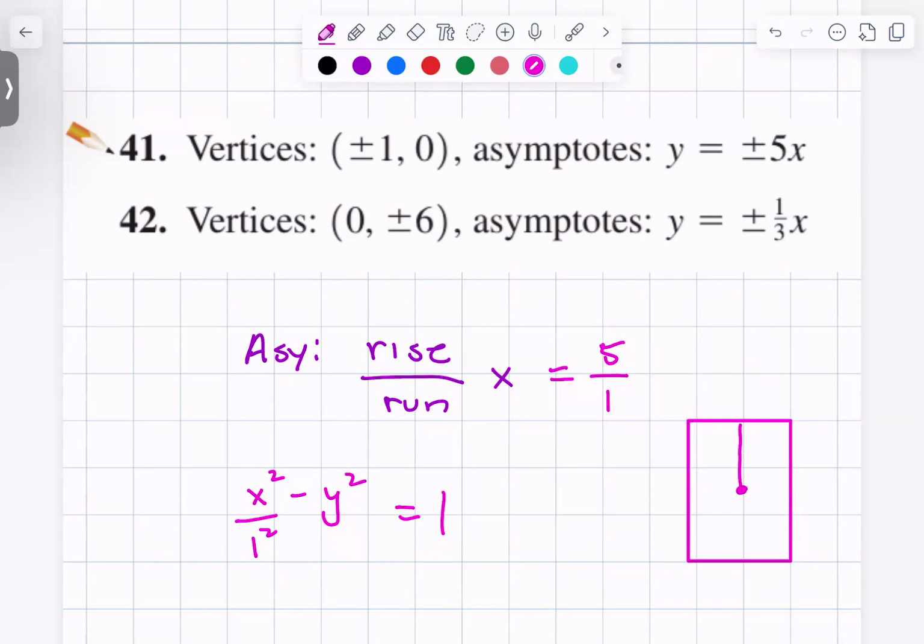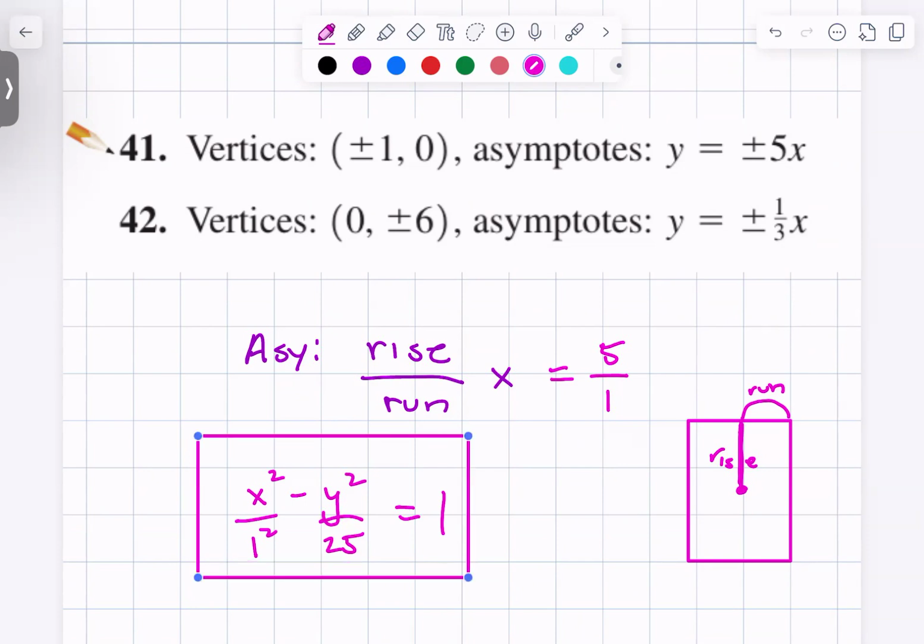Rise would be up here, and that's my b value. My run is here. So whatever I rise up, that's going to be my b value. So it's 5 over 1, because I know my run value is 1. Right? So this is 5 squared, that's 25. Questions on that?